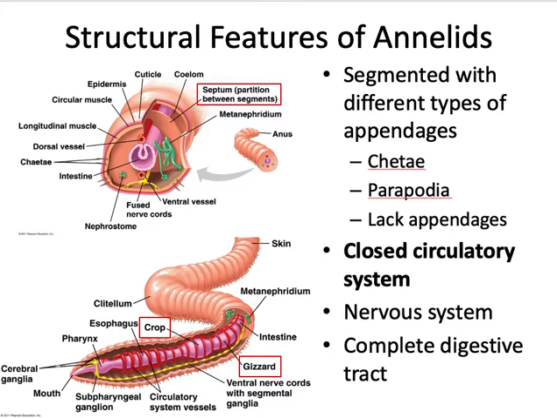So let's go through the digestive, circulatory, and respiratory systems. They have a complete digestive system that goes from mouth to anus. Along the digestive tube, we also have a crop and a gizzard, which can help grind up a lot of their food particles, which are found in dirt or soil. They have a closed circulatory system. So here you can see all of the different blood vessels.